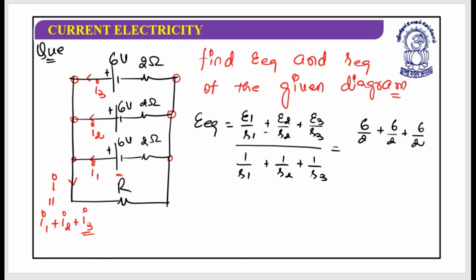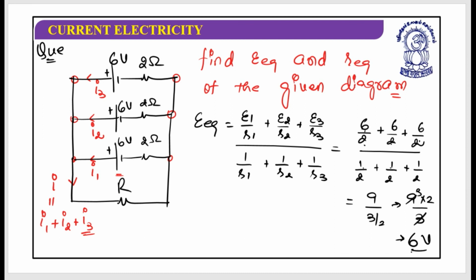If the negative of any of them is connected, I will write it as a minus. I hope these things are clear. Divided by 1 by 2 plus 1 by 2 plus 1 by 2. This is 3 plus 3 plus 3, which is 9, divided by 3 by 2. So this is 9 into 2 divided by 3. This is 6 volt.